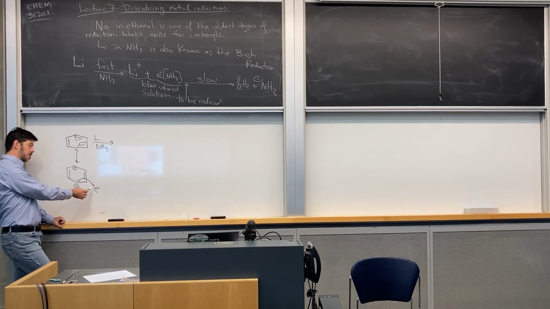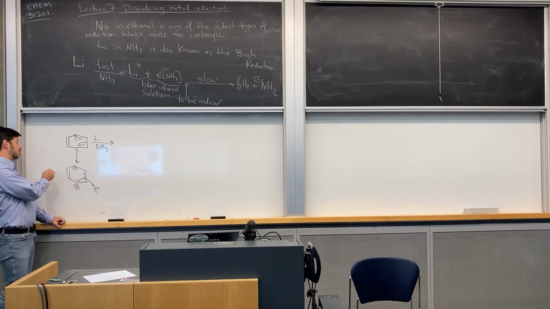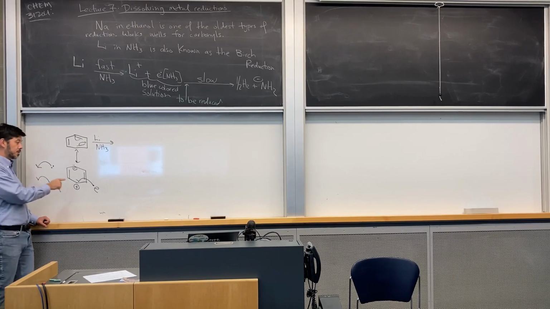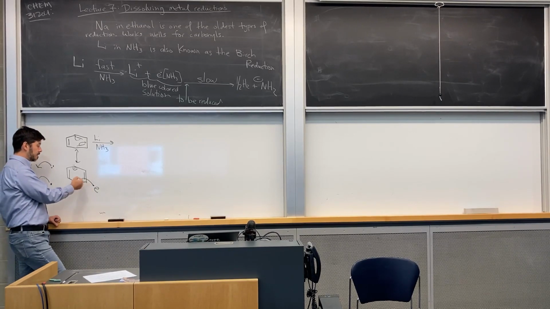Also note that I'm drawing something known as a fishhook arrow. It's not a double-headed arrow. This is a double-headed arrow, which denotes the 2 electrons. A fishhook arrow has a single head on the arrow, and it corresponds to 1 electron moving. So since we're dealing with a single electron, let's move a single electron to that carbocation.